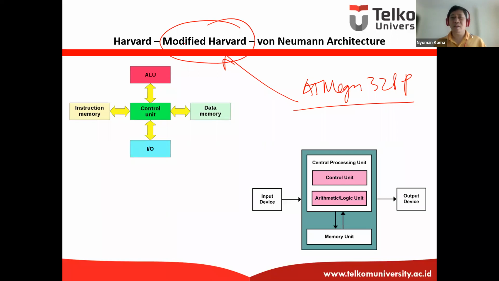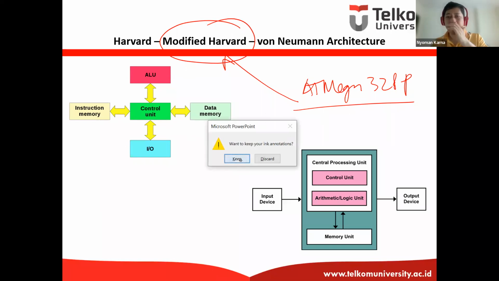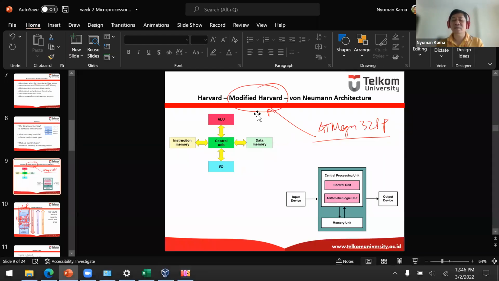Okay, that's only a small explanation about modified Harvard architecture. It's just splitting between instruction or program and the data. Okay, any questions so far about this?